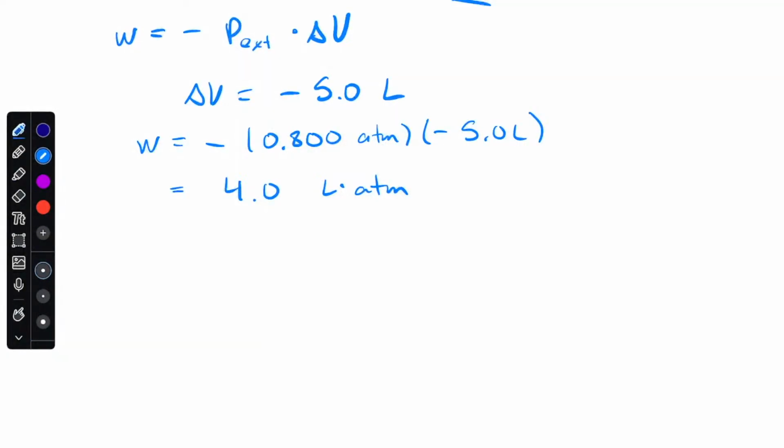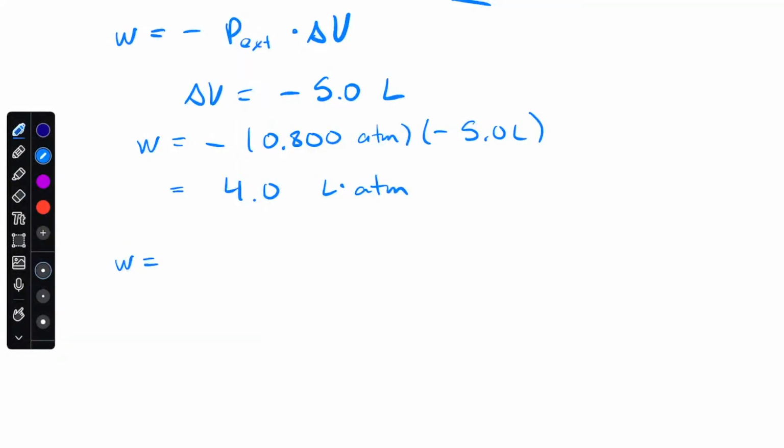We don't really like units of liter atmospheres. We typically use energy in joules. So we need to convert a liter atmosphere to a joule. And lucky for us, on the front page of your exam, there's a conversion factor between liter atmospheres and joules. So you can find that on the front page.